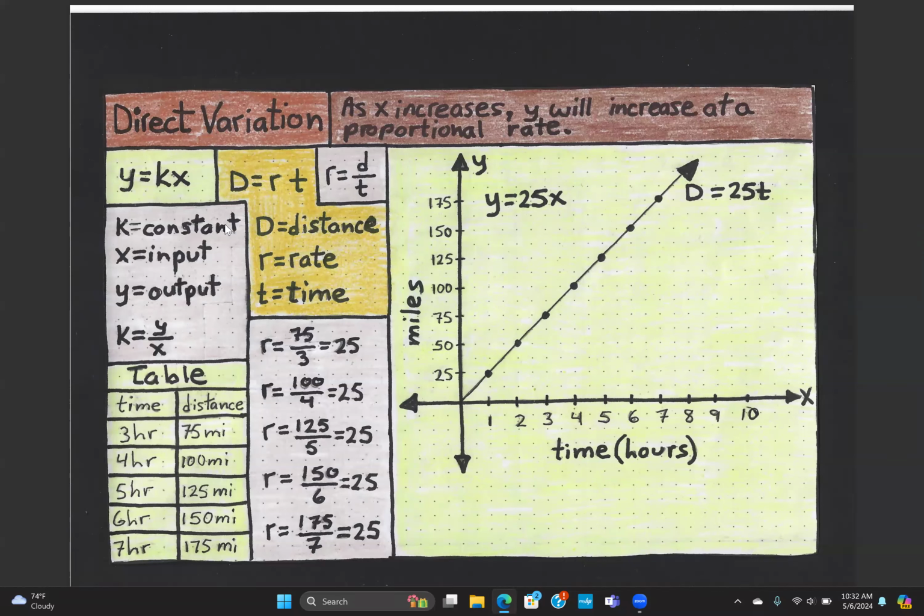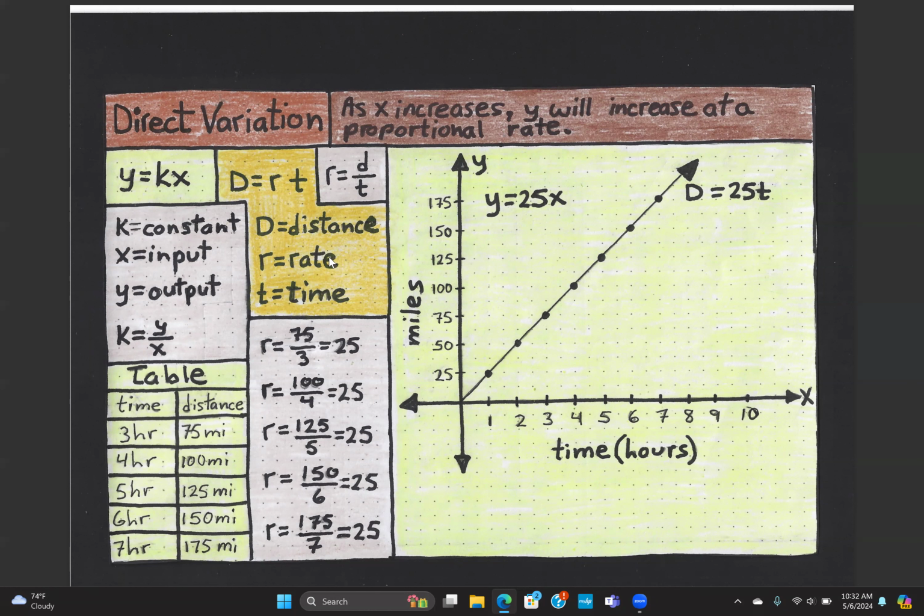K is equal to the constant, x is the input, y is the output, and again, k is equivalent to y divided by x. And so now what we're going to do is replace these letters with these letters over here, by saying that we're going to replace y with d, k with r, and x with t, with the understanding that d is equal to distance, r is equal to rate, and t is equal to time.